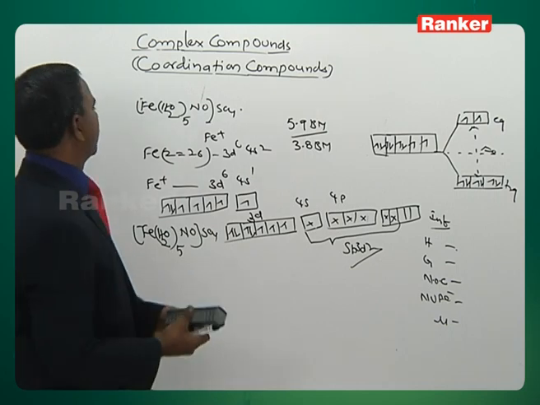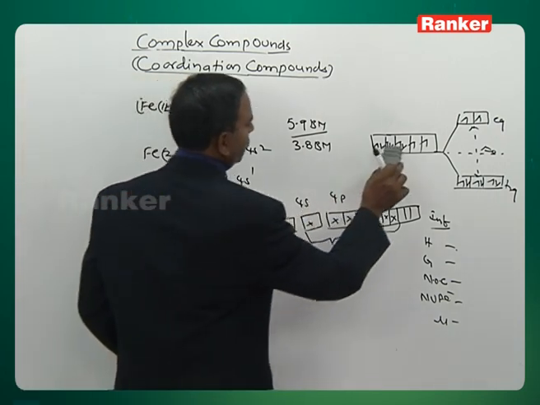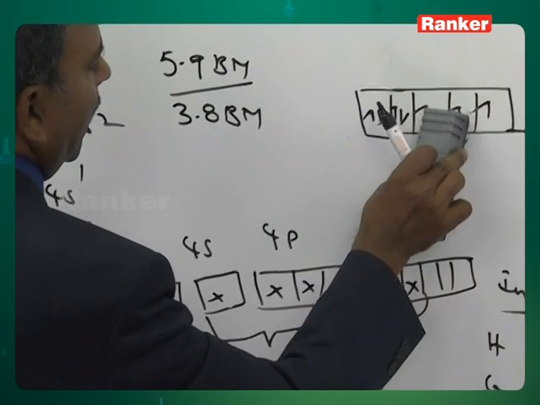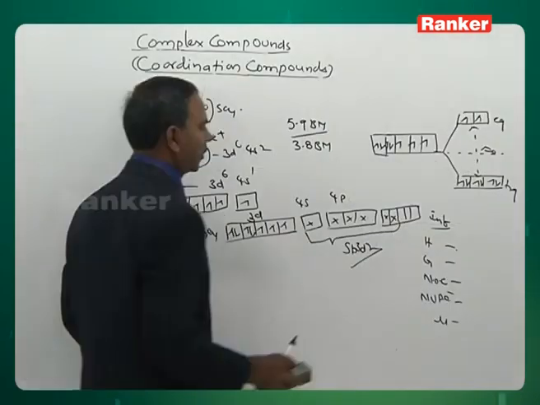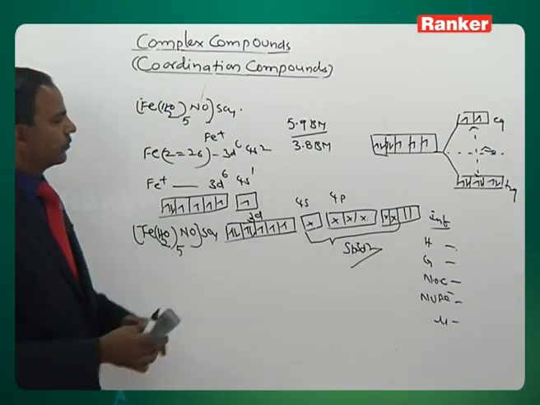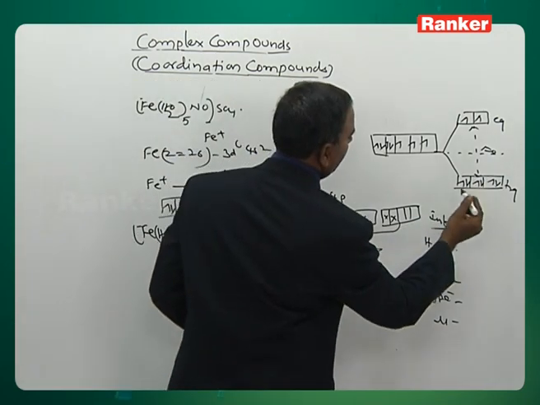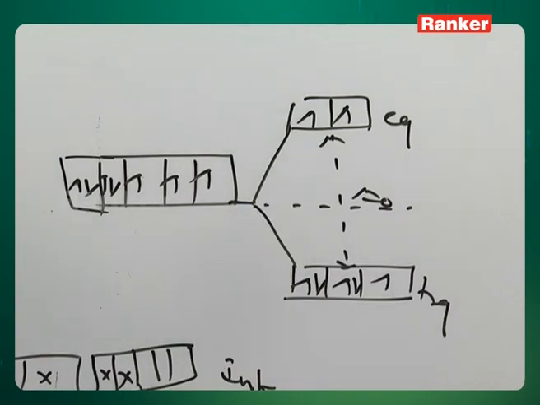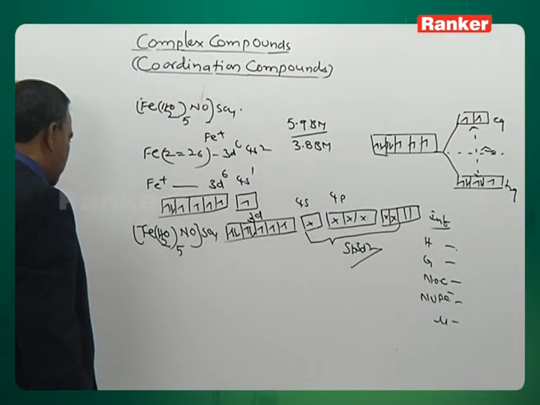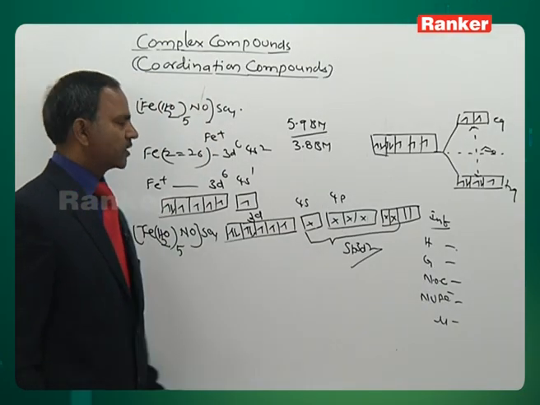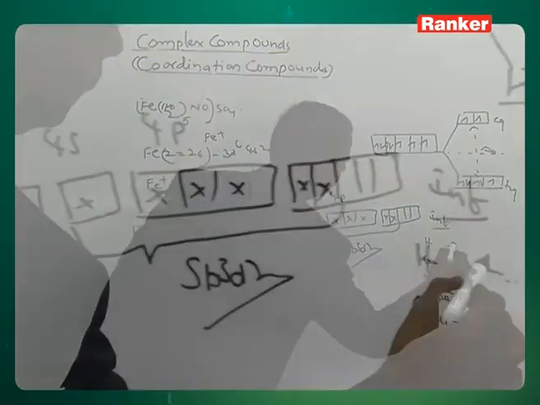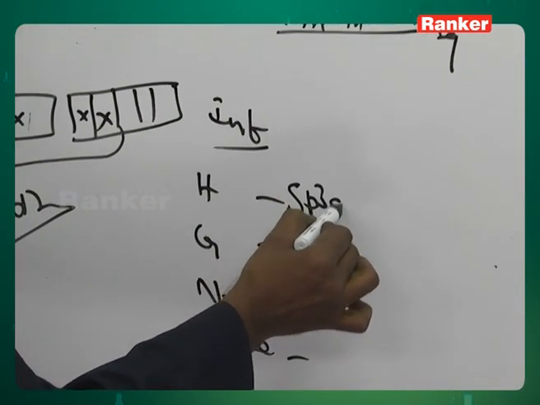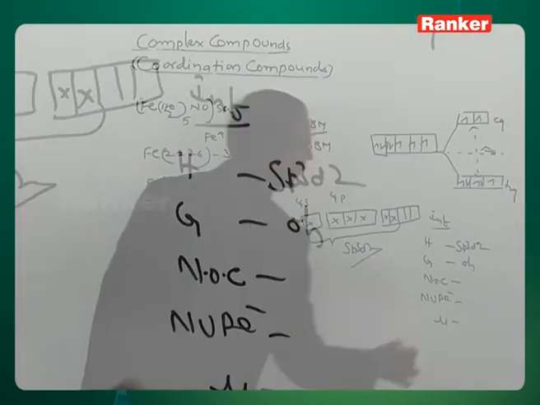Right, now this splitting of orbitals. I am writing here only for 7 electrons, 1, 2, 3, 4, 5, 6, 7. So the splitting of orbitals is this one. Next, let us write the information about the complex. Hybridization is sp3d2, octahedral geometry.